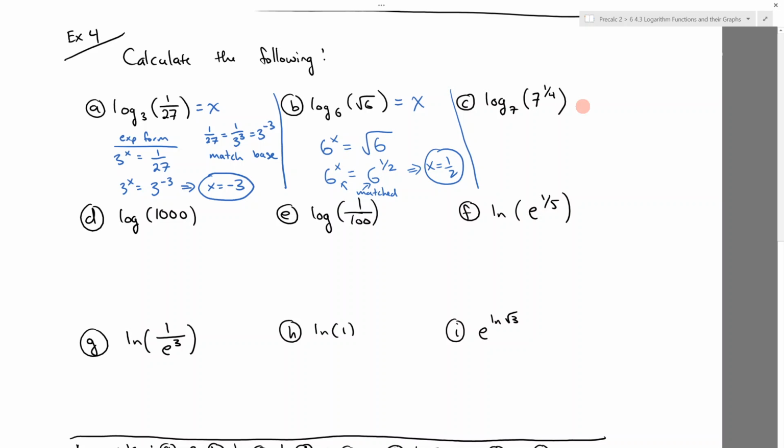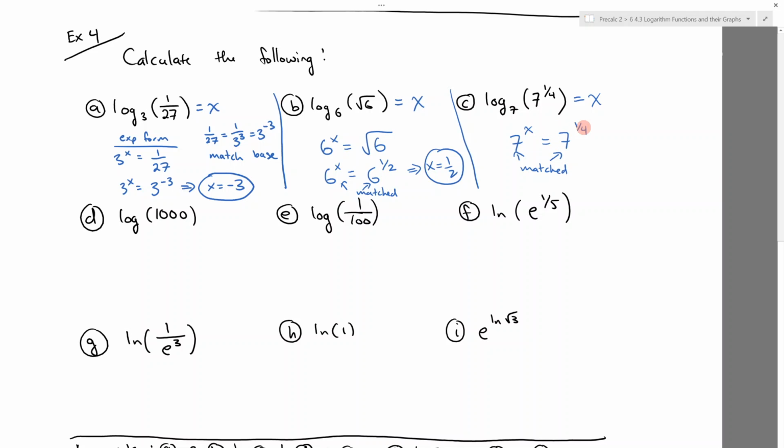Okay, so let's continue. So again, we write in that it's equal to x. So the base raised to the exponent, which is this thing, is equal to the thing in the parentheses, which is 7 to the 1/4. But for this one, when we've written it out, the base is already matched.